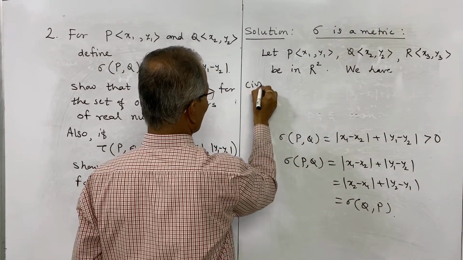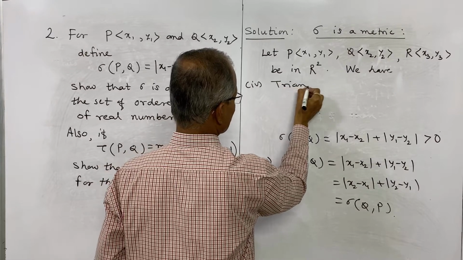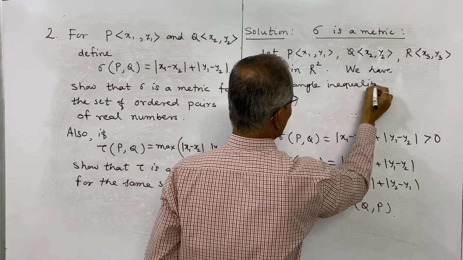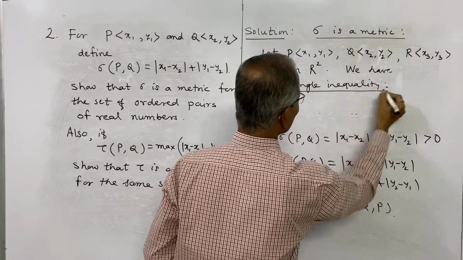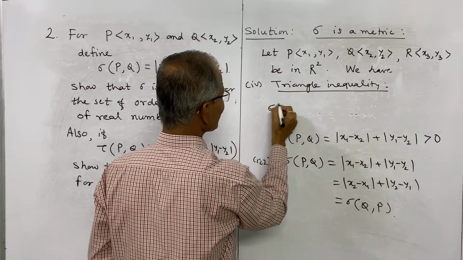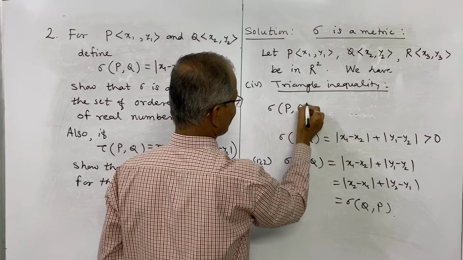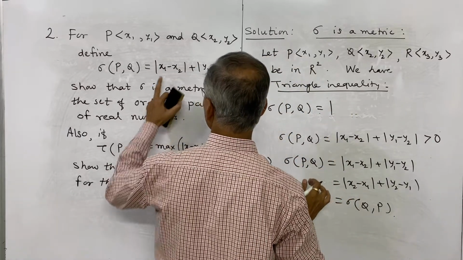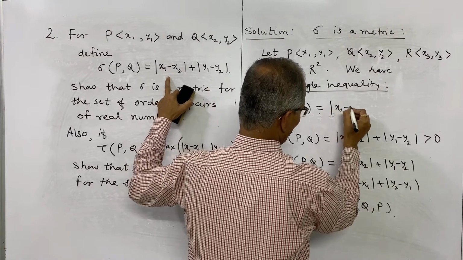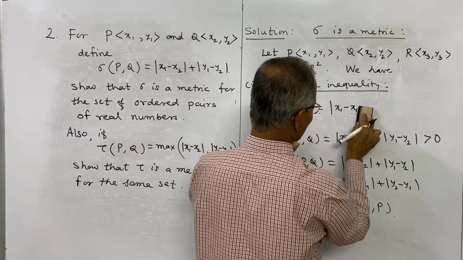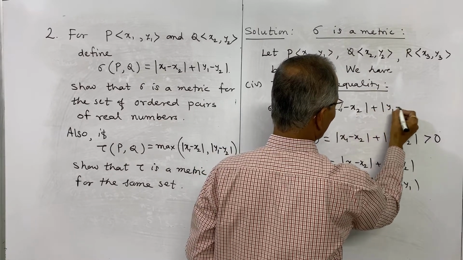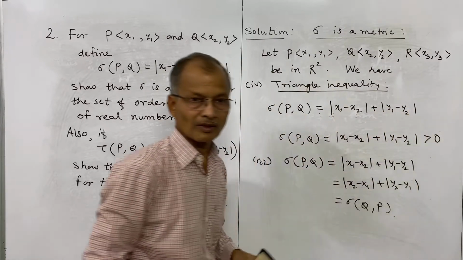Fourth, see here, to show the triangle inequality we will consider sigma of P and Q, and again it is by definition, absolute value of x1 minus x2 plus absolute value of y1 minus y2.